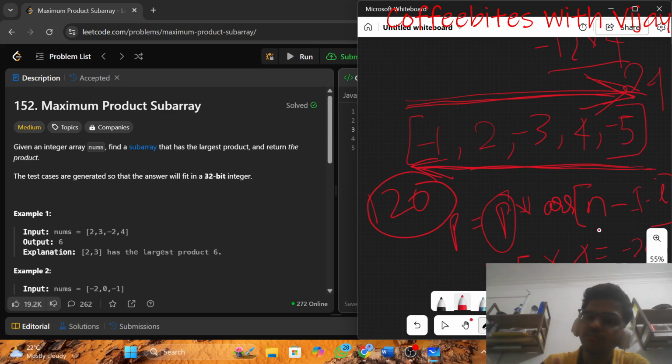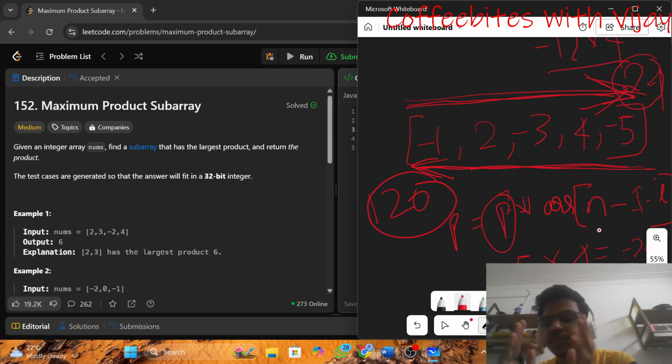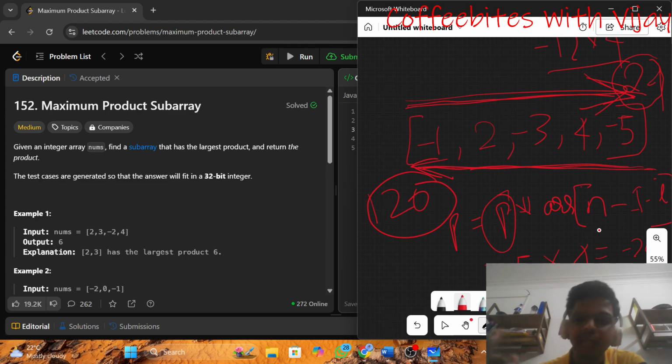So what I'll do is, at the last, I will calculate the maximum between the prefix, if I traverse from left to right, that is the prefix maximum product, and if I traverse from right to left, that is the suffix maximum product. And from these two products, I will calculate the maximum. So I will calculate the maximum between 24 and 120, and I'll return 120.